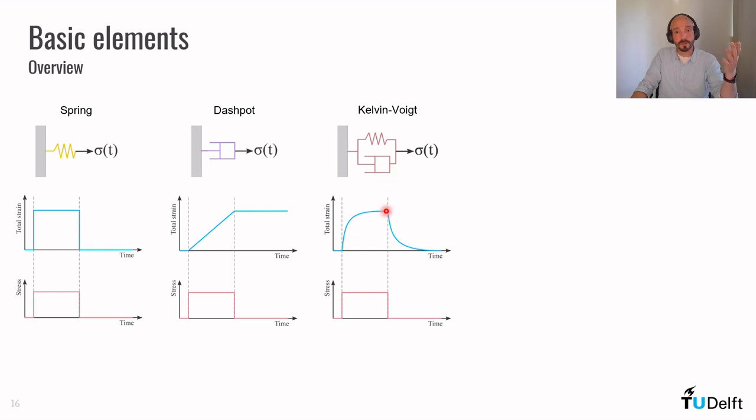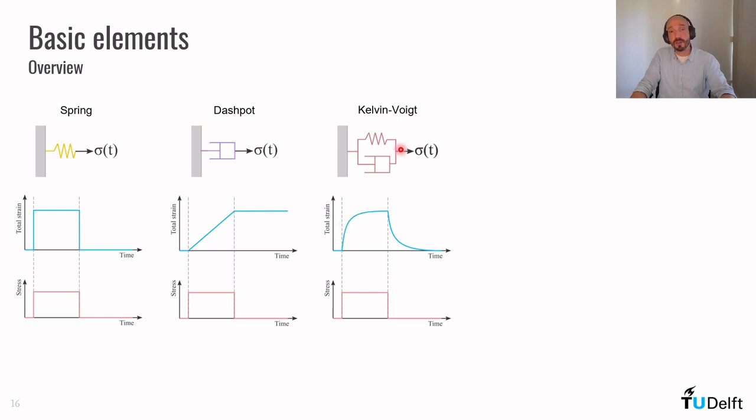So the strain rate will be zero by the end, when this spring is fully stretched. That is why when we place a spring in parallel with the dashpot, we get this behavior. So in the beginning, the strain rate is very high, and then it decreases over time.